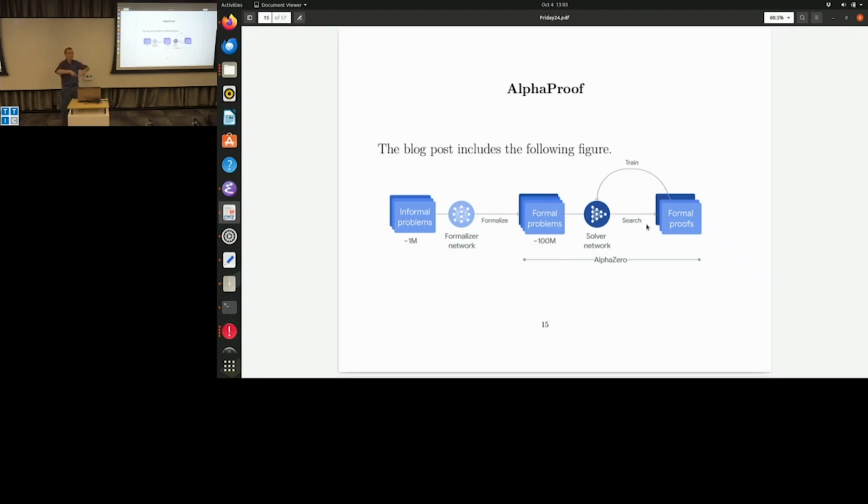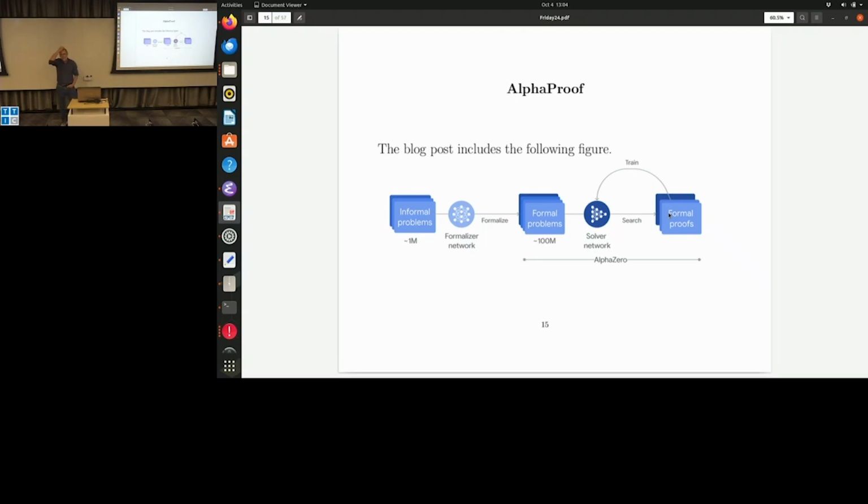And then it's a feedback loop. As you're training this prover, the solver network, as it's getting better, you're getting more formal proofs. So it's similar to self-play, almost a self-play bootstrapping phenomenon.